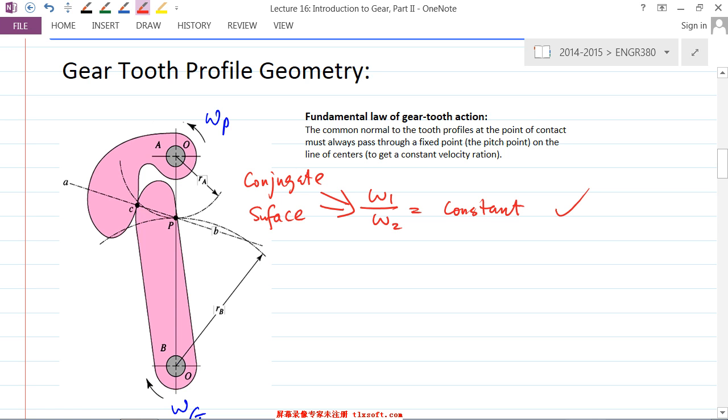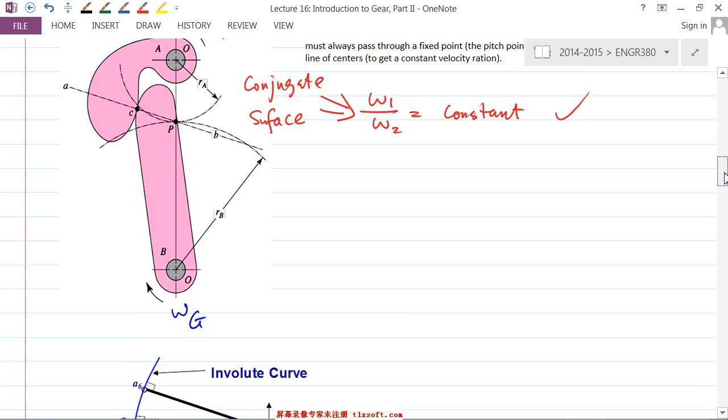The involute profile essentially is a conjugate surface. What does it guarantee? It guarantees that you will have a constant angular velocity ratio. That's the basic idea. So now coming back to the gear tooth profile.